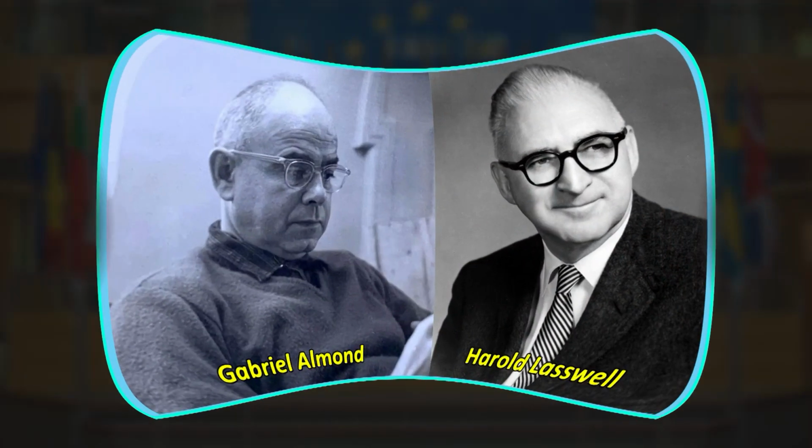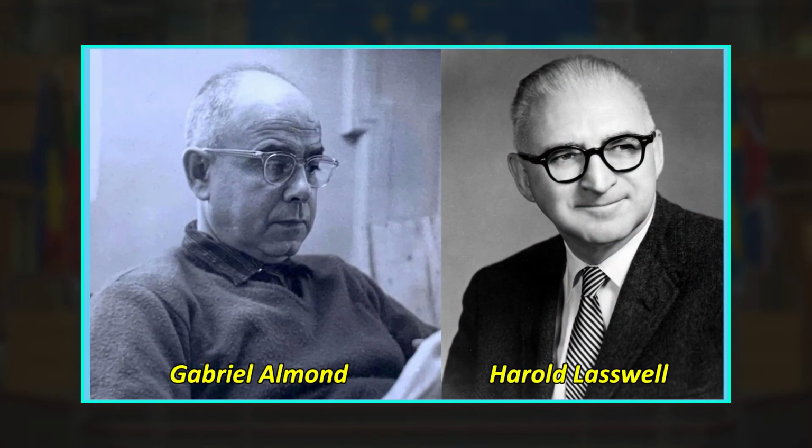It is these why questions regarding differences in public behavior and their implication for political processes and political systems which shifted the focus of comparative study away from the legal formal aspect of institutions. In the 1950s and 60s, a number of distinguished scholars such as Harold Lasswell and Gabriel Almond took on the task of carving out and establishing the field of comparative politics.